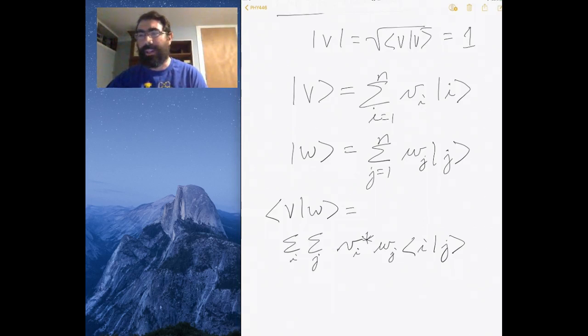It's a lot like the dot product, as you'll see in a minute: we're multiplying component by component, the v vector components times the w vector components. We'll see that in the next video about the Gram-Schmidt theorem.